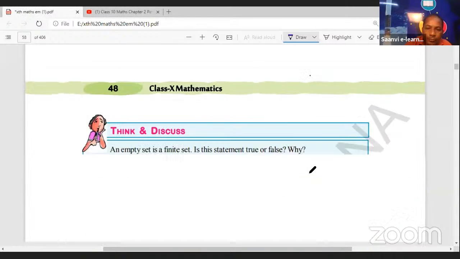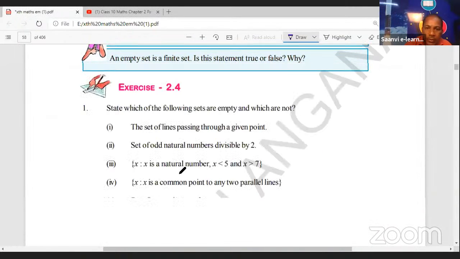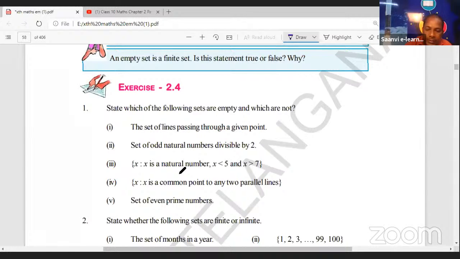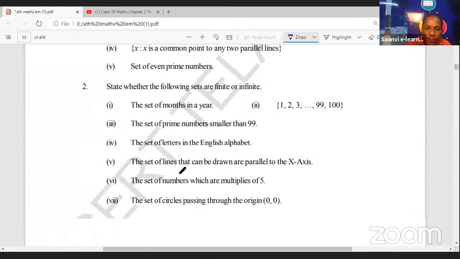Okay, children, you also create some problems on these two formulae.